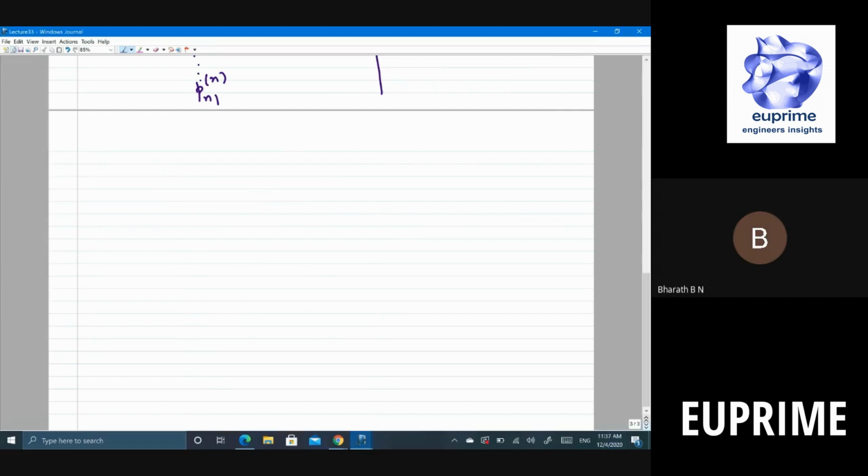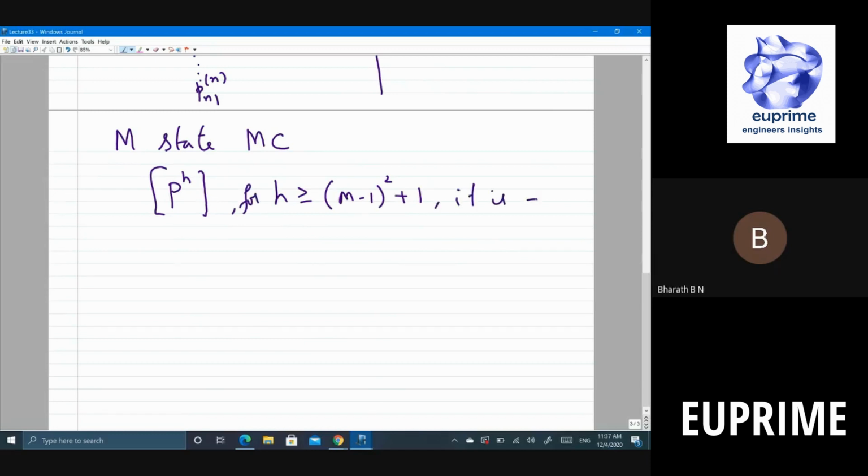So if you have an m state Markov chain and you look at the P power h matrix, where h is greater than or equal to (m minus 1) squared plus 1, then this P power h will be positive. Is this fine? This is something that we saw earlier.